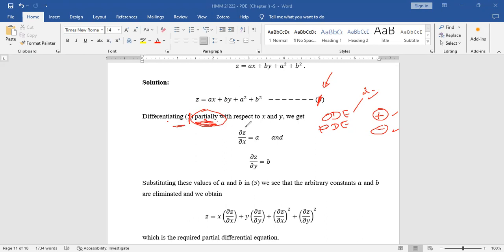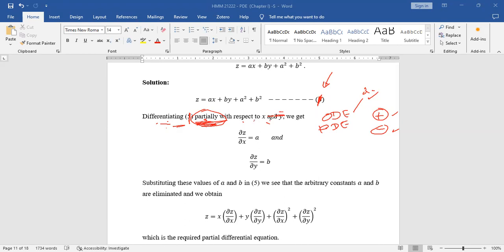Otherwise the other person doesn't understand. They may put it wrong. So you have to clearly say differentiating partially with respect to x and y. So I'm writing x and y. You can write one by one.